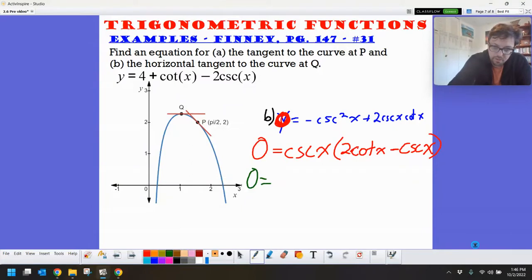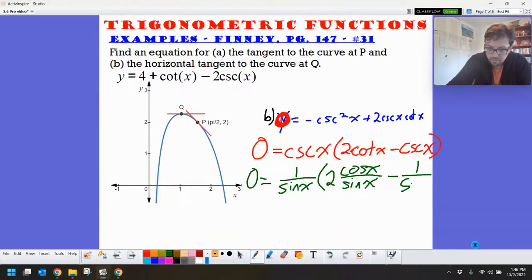So this is 0 equals 1 over cosecant is sine. It's cosine over sine. Minus another 1 over sine.